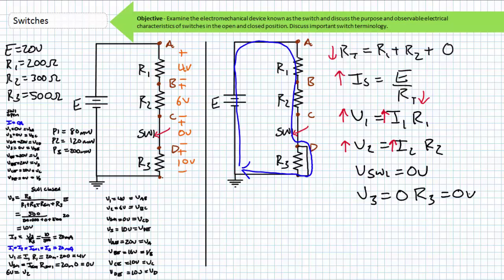Using Kirchhoff's voltage law on our in effect 2 resistor series circuit, V1 and V2, now being the only voltage drops in this circuit, all voltage rise will be dropped across these 2 remaining components. E equals V1 plus V2. It's like the shorted R3 isn't even there anymore.